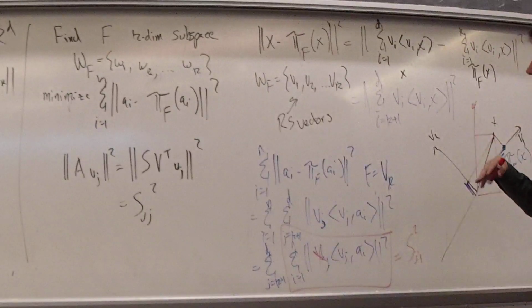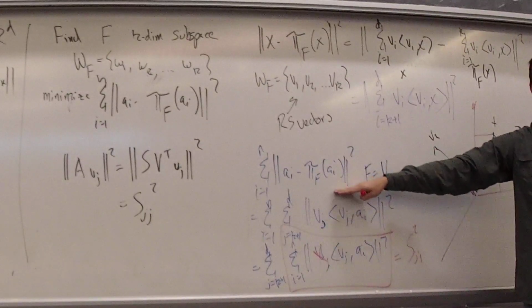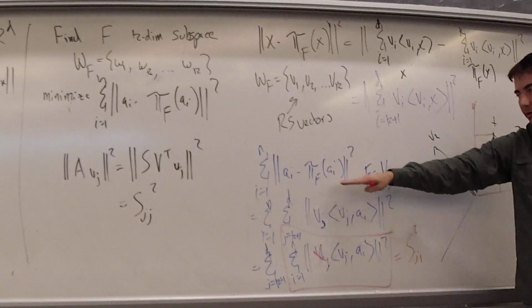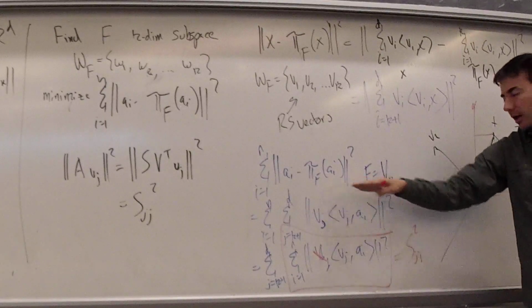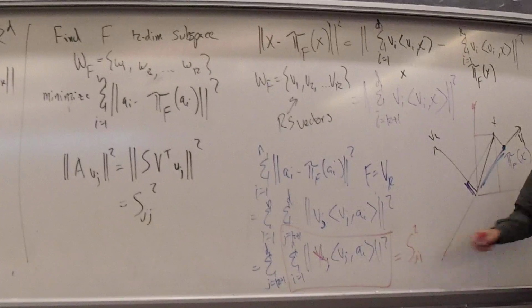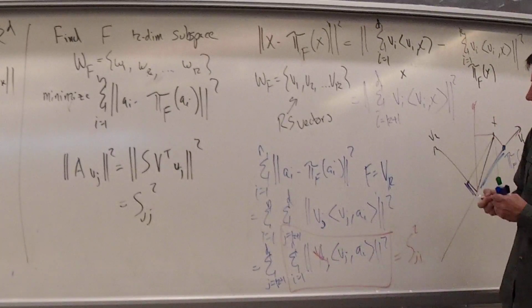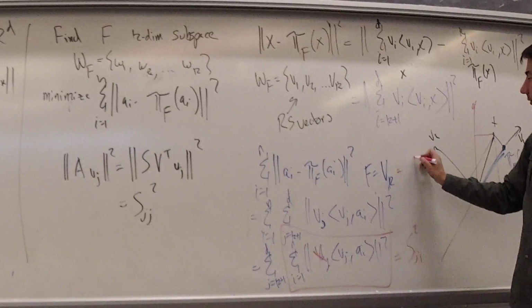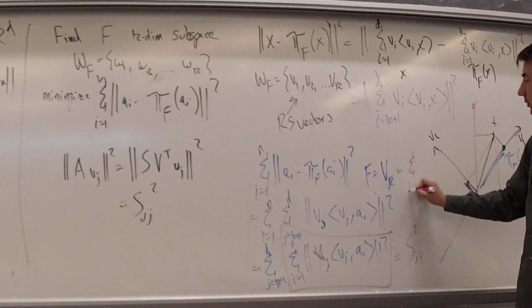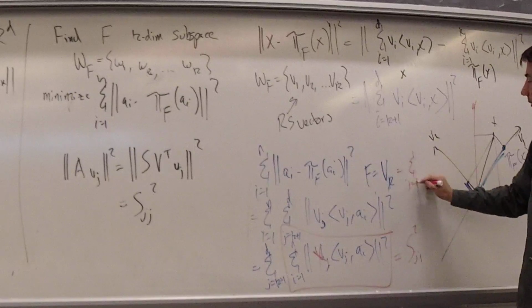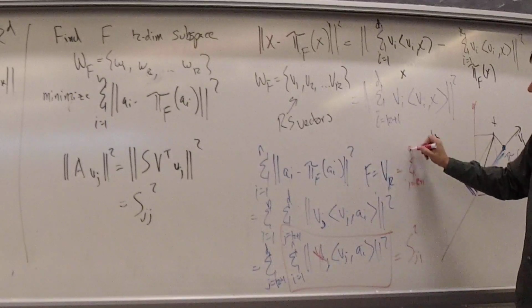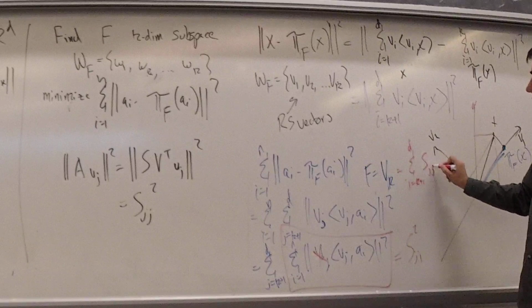So the sum of the squared residuals is exactly the term inside of here. In general, this is going to be equal to the sum from j equals k plus 1 up to d of sjj squared.